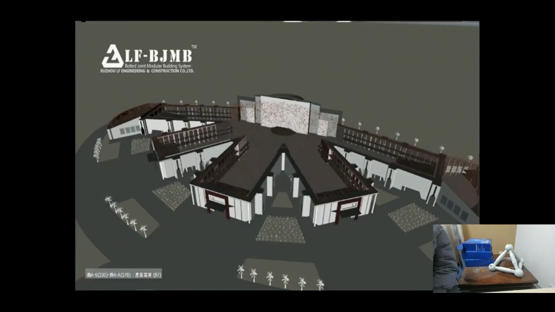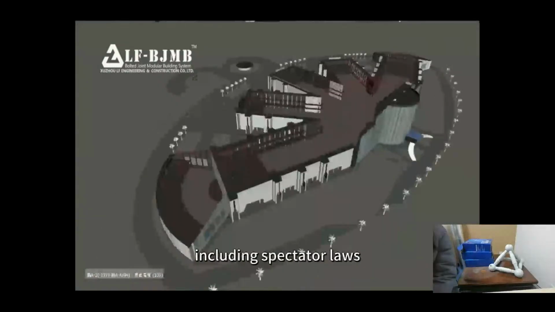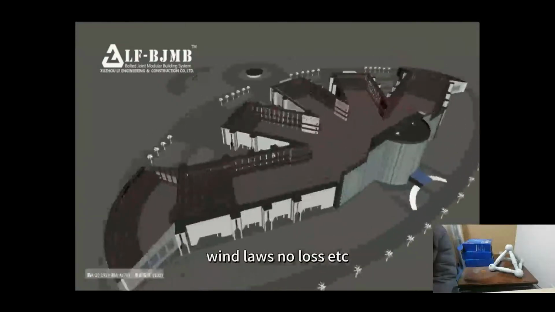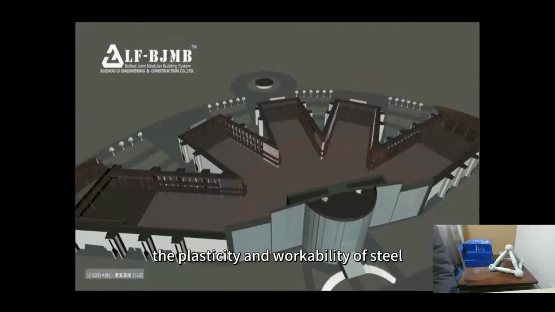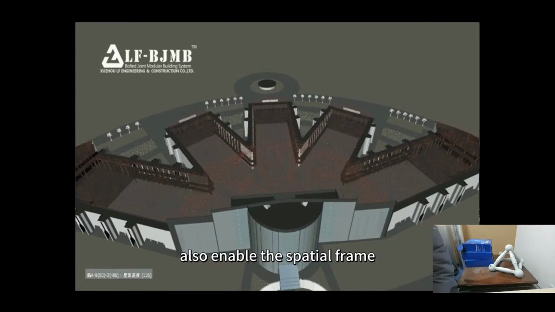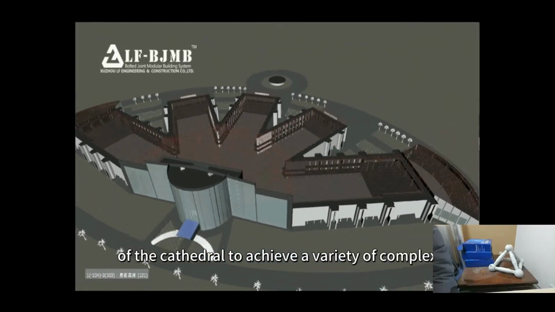The steel of the cathedral is high-strength, bearing loads including spectator loads, wind loads, snow loads, etc. At the same time, the plasticity and ability of steel also enable the spatial frame structure of the cathedral to achieve a variety of complex shapes and details.